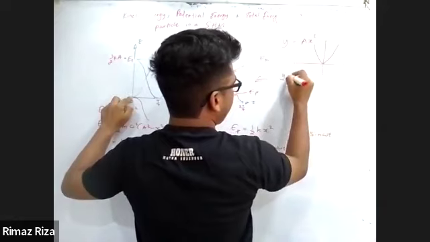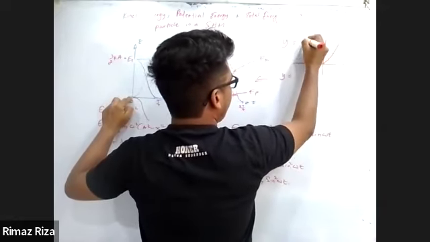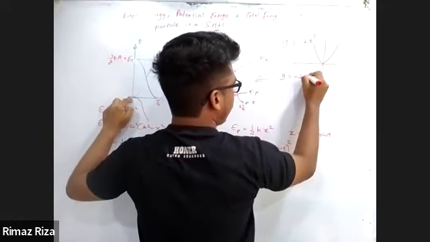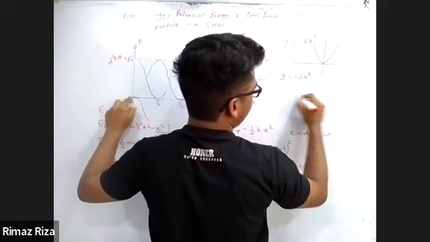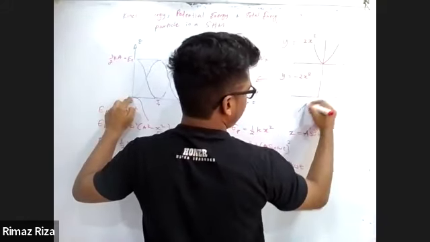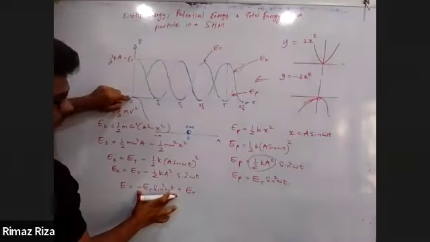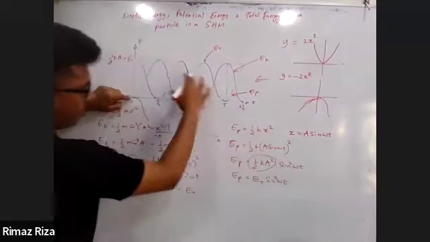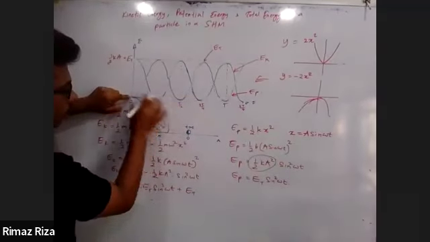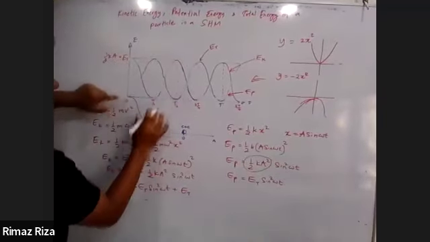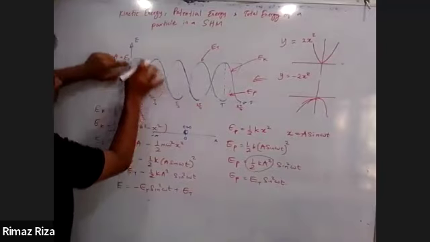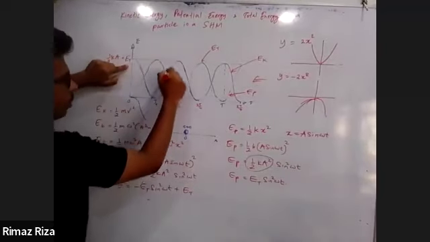If you take y equals, for example, 2x squared, then the minus 2x squared graph will be the mirror image of it. Then you have to add E_t. You take the mirror image and shift by E_t. So you get this graph here.